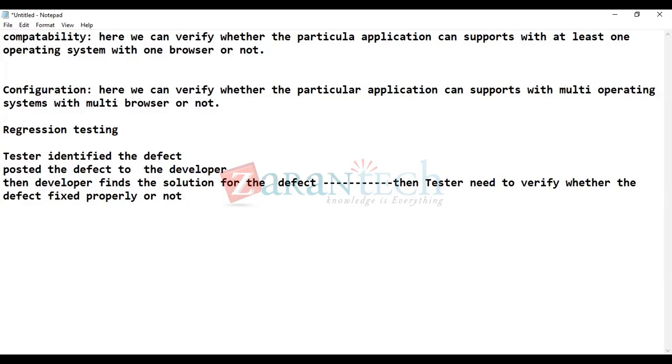That is called retesting. Already we have completed that.